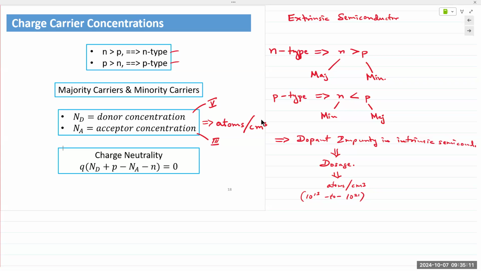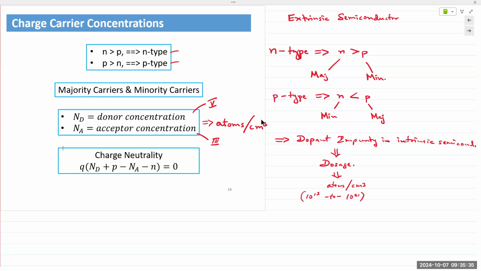Okay, so the question being asked is about how is column 5 a donor. Column 5 atoms have 5 electrons in the outermost shell. When we introduce them into a semiconductor, let's say silicon, for example, 4 of the 5 electrons will bond with 1 silicon atom each.